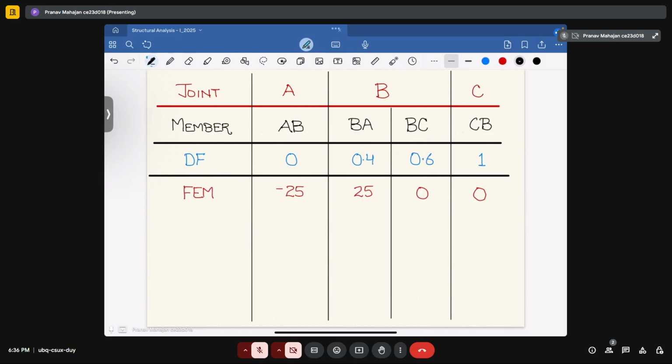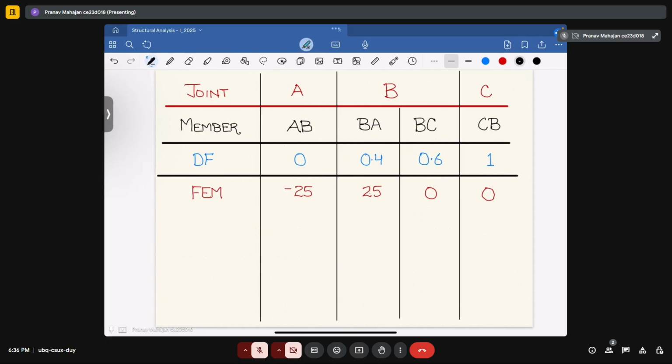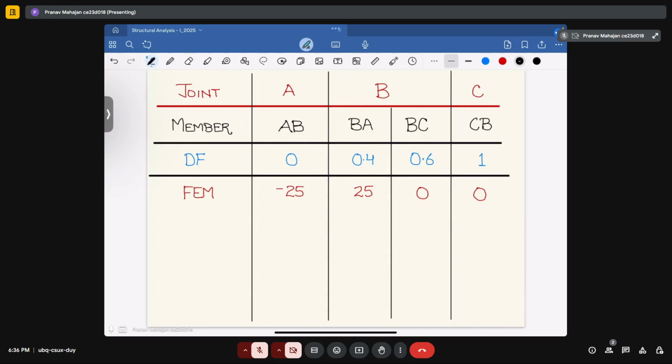Okay, fine. Now in this, you can see in the joint B, you have the unbalanced moment equal to plus 25. So what we will do, we will divide this plus 25 in terms of distribution factors. That will give you the value equal to minus 10, and this will give you the value as minus 15. Fine.